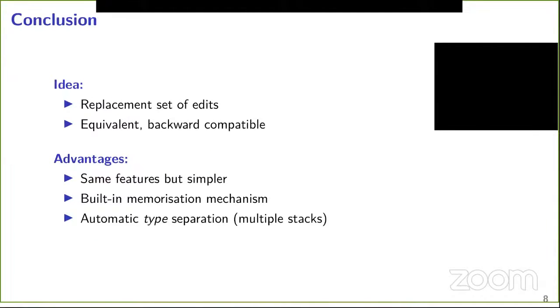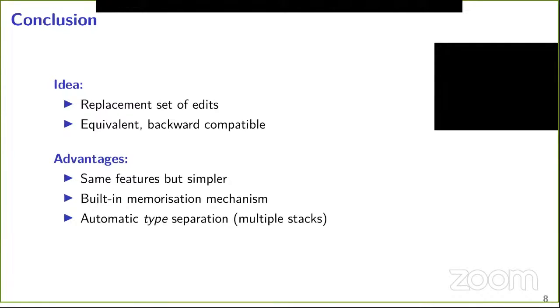So in conclusion, the idea is to replace the set of edits that we use. It seems that it's strictly equivalent and backward compatible. It offers the same features, but is kind of simpler.